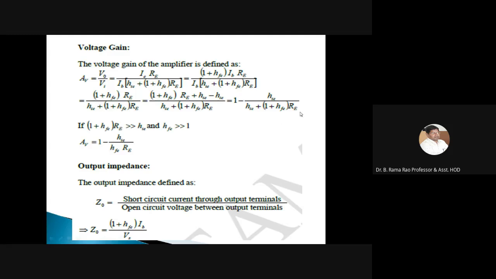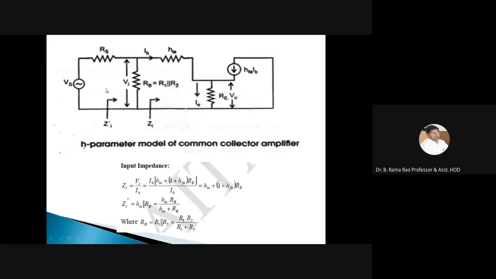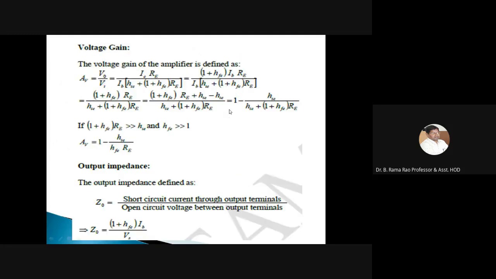Similarly, we'll get the voltage gain. This is the formula for voltage gain. Voltage gain is nothing but the output voltage by input voltage, Vo by Vi. This is the output voltage, which we are going to measure across the emitter resistance, and this is the input voltage Vi.